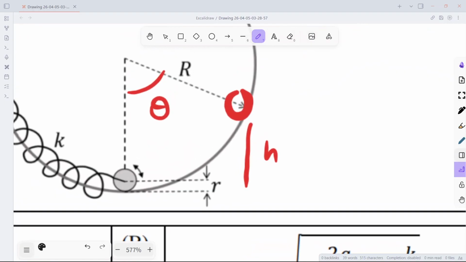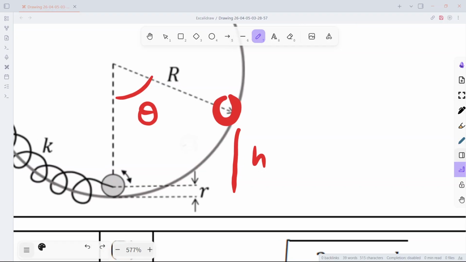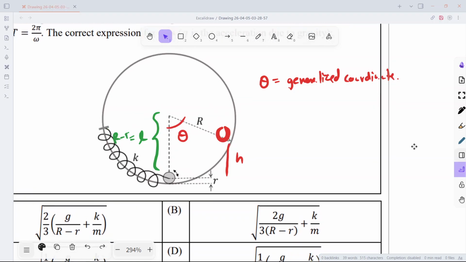One thing to note is that there's this radial distance. The length here, which let's say is L, is equal to R minus r. I'll leave it as L for now, and we can see what happens with it later.